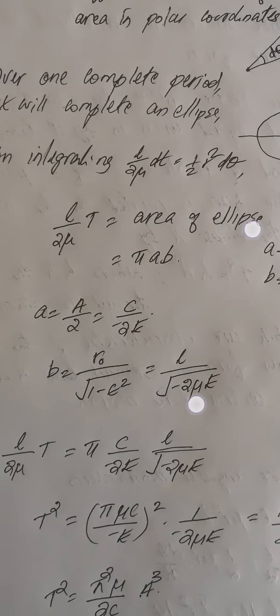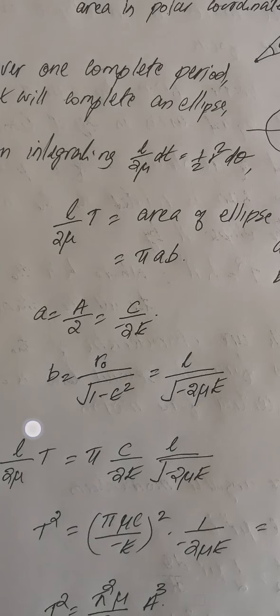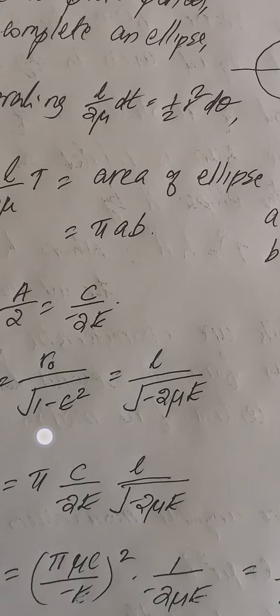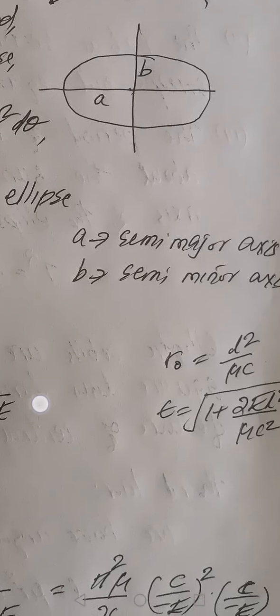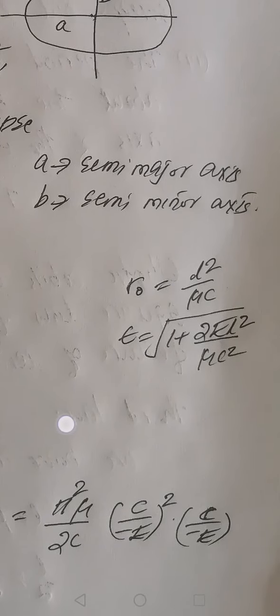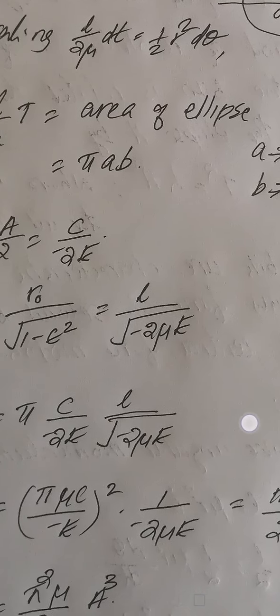Okay, but we already learned what the semi major axis and semi minor axis are. Semi major axis a is equal to capital A by 2, that is c by minus 2E, where A is c by minus E, and b is equal to r0 by square root of 1 minus epsilon squared, that is equal to L by square root of minus 2 mu E. And we already know r0 is L squared by mu c, and epsilon is square root of 1 plus 2E L squared by mu c squared.